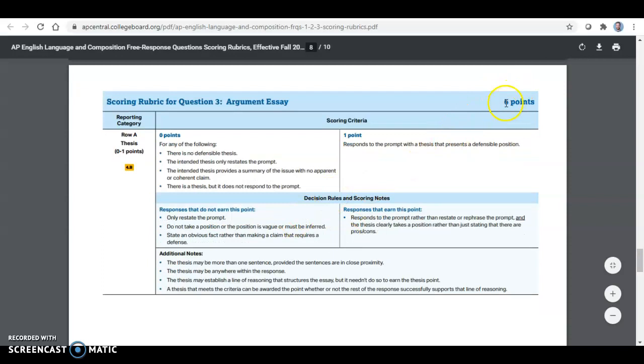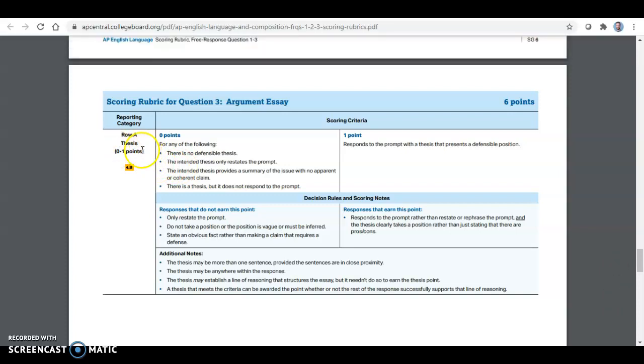You notice right here, it's 6 points, and the way you earn the 6, it's 3 categories. The first category is the thesis, and this is for 1 point. And this might just be the easiest thing you can get. Notice you get that point. The thesis presents a defensible position.